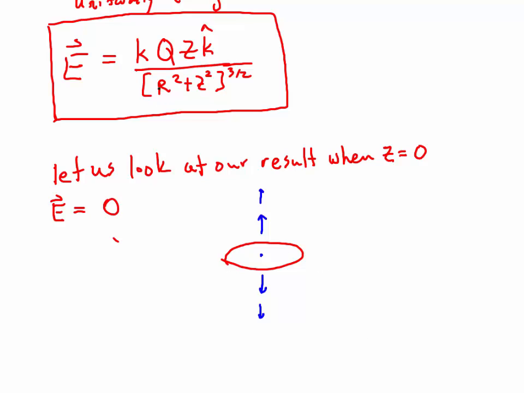The next thing is, well, what if you let r go to 0? Well, if you let r go to 0, then this becomes z squared square rooted. Now that becomes the absolute value of z.